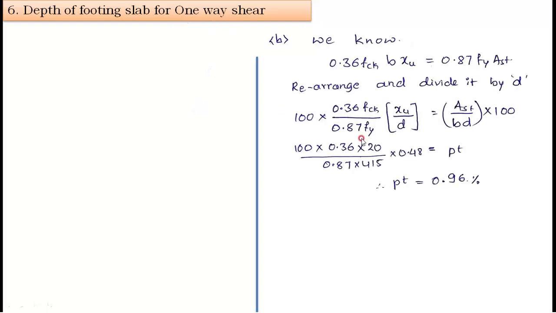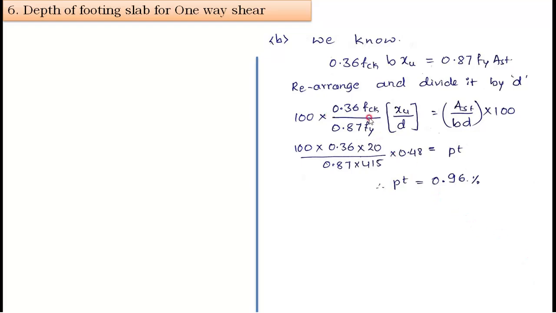Now the depth of the footing slab for the one-way shear criteria. For the one-way shear criteria, we will go to the basics, that is 0.36 fck bxu equal to 0.87 fy Ast. This step is explained in detail in the previous problem.